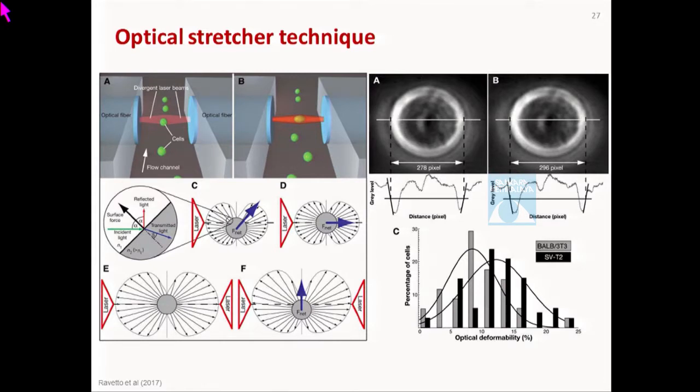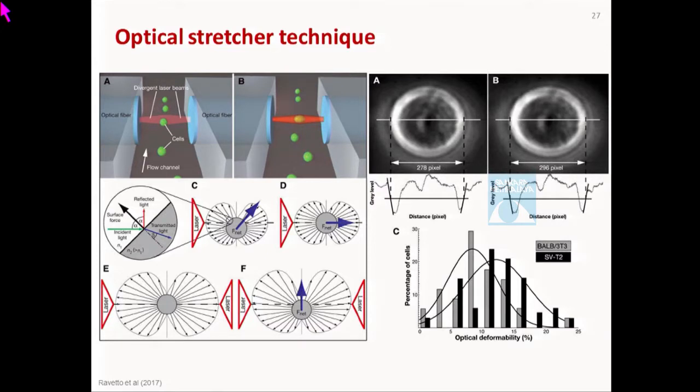And in microfluidics, people have tried optical stretching. As I was saying, when an optical beam crosses the cell, because the cells have a different refractive index as compared to the medium, it leads to scattering force. If this scattering force is asymmetric, the cells can move from the original streamline to another streamline.